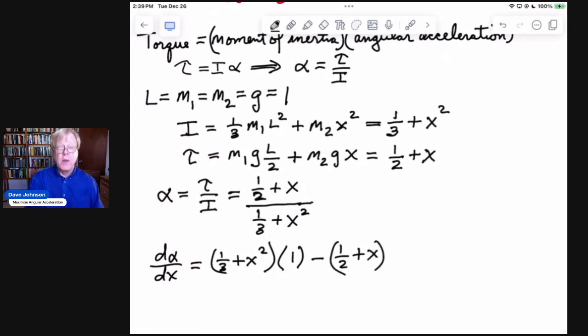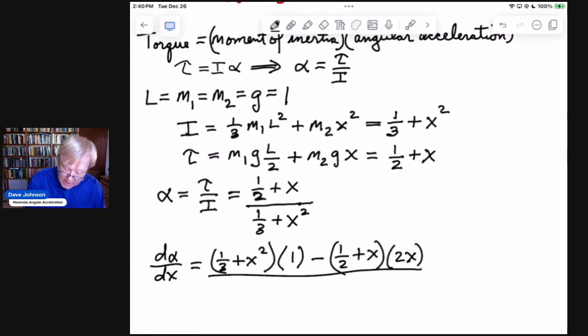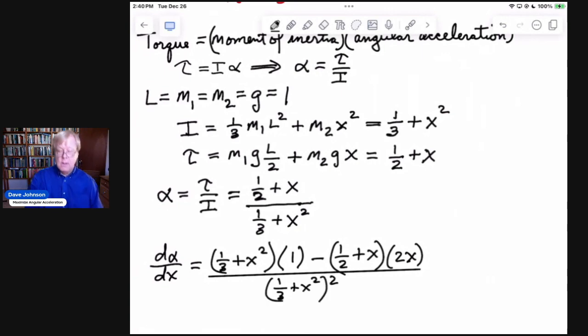The derivative of the 1/3 is 0, the derivative of x squared is 2x, divided by the bottom squared, so (1/3 plus x squared) squared. And we set that equal to 0.